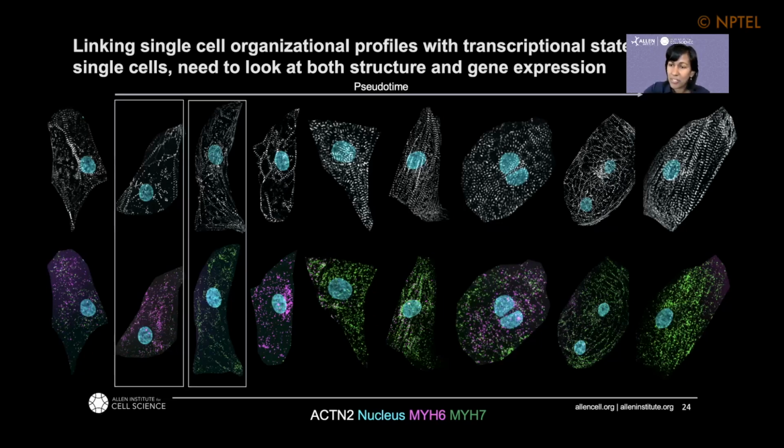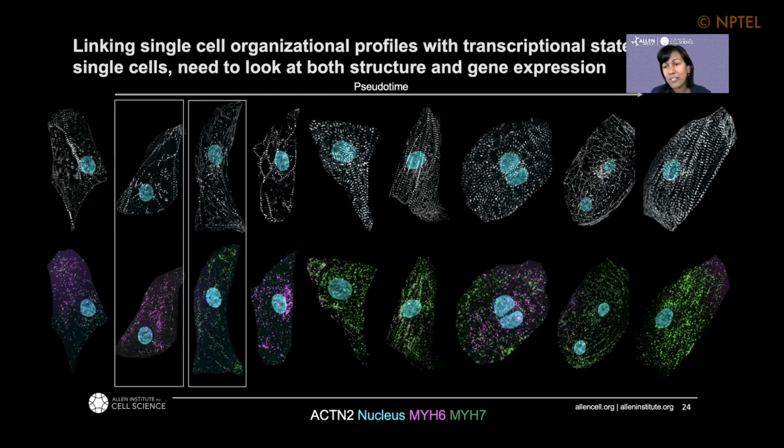And that's the point here, that you cannot assume, because the gene is changing and as a population there are changes in gene expression, that for any single cell you could predict what its structure might look like based on gene expression alone, and vice versa. If we had just looked at this structural organization, I might have predicted that this cell would mostly be pink in terms of gene expression, but it's not.